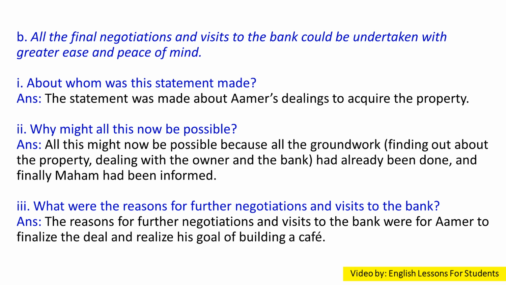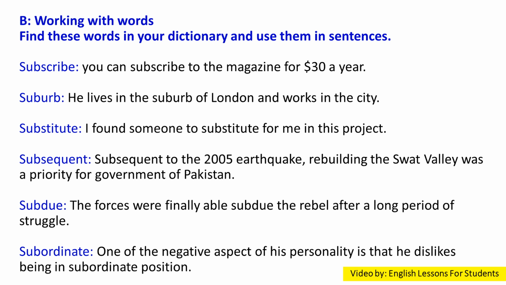3. What were the reasons for further negotiations and visits to the bank? Answer. The reasons for further negotiations and visits to the bank were for Aamer to finalize the deal and realize his goal of building a cafe. B. Working with words. Find these words in your dictionary and use them in sentences.